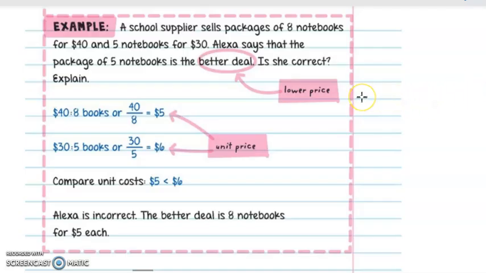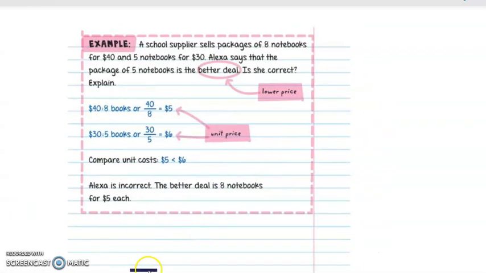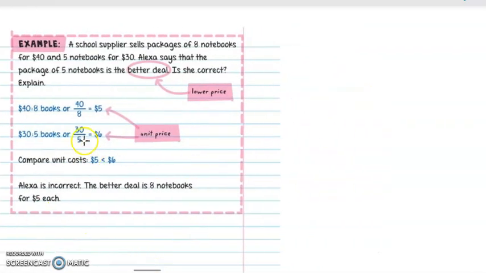I'm going to zoom out a little bit just to give myself a little more space to do the work here. Now obviously they've done the work on the side or underneath the problem, but I like showing this step by step. So in order to see which one's a better deal, what is our unit rate? Which one of these has the lower price per notebook?